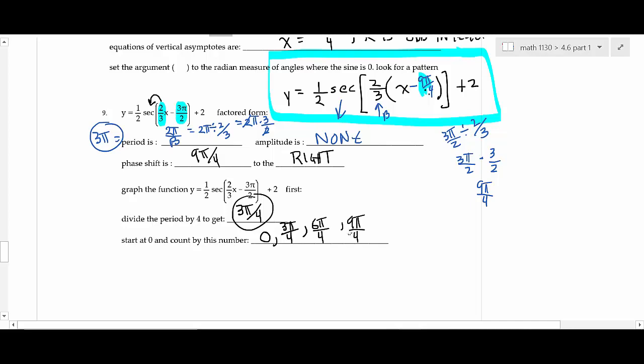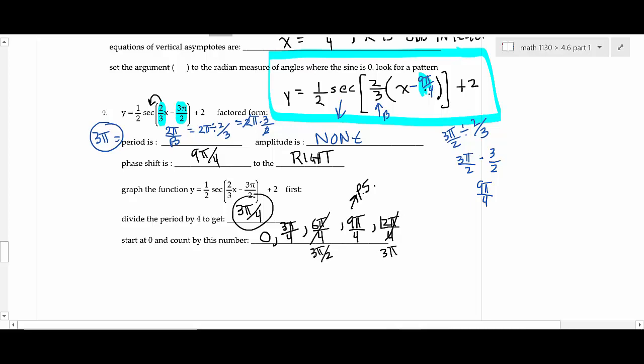That 9 pi over 4 is significant because that's the phase shift. I like to usually make these problems so that the phase shift falls on the increment, because otherwise it's a little bit more complicated to do. It comes better to do with a calculator, I think. So then it would be 12 pi over 4 and so forth. Now reduce this to 3 pi over 2, and then reduce that to 3 pi.